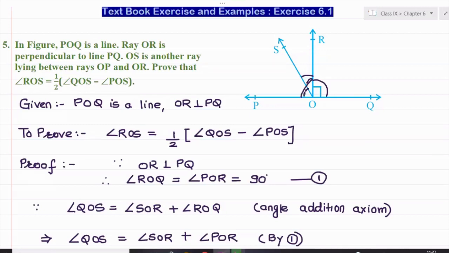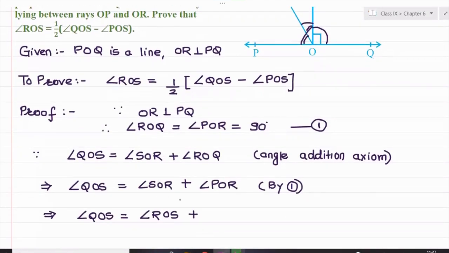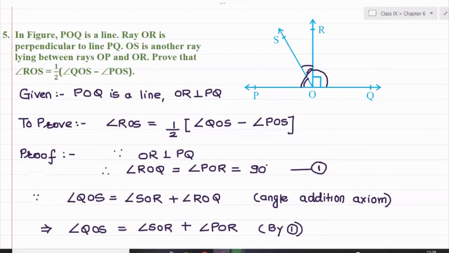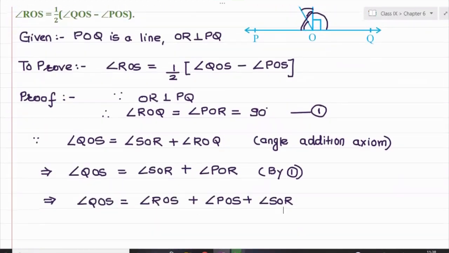So here in place of angle POR, I am writing first angle POS and second one angle SOR. We can check in the figure, the first angle is POS and second one is SOR, right?